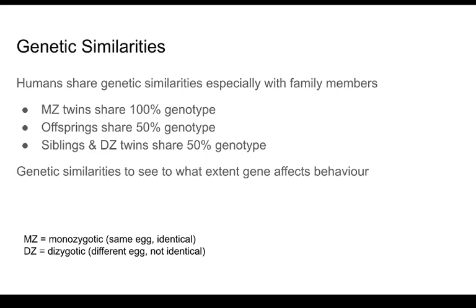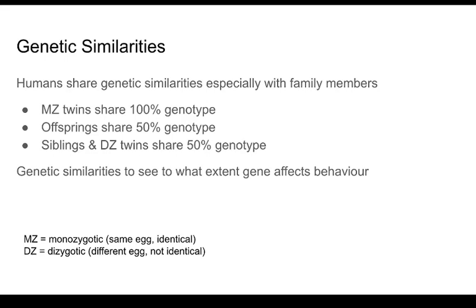And next we have genetic similarities, which is how humans share genetic similarities, especially with family members. Monozygotic twins, or identical twins, share 100% of their genotype. Offspring from parents usually share 50%, while siblings and dizygotic, non-identical twins share around 50%.